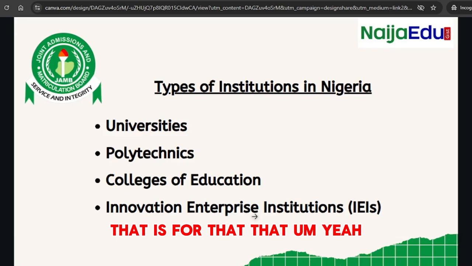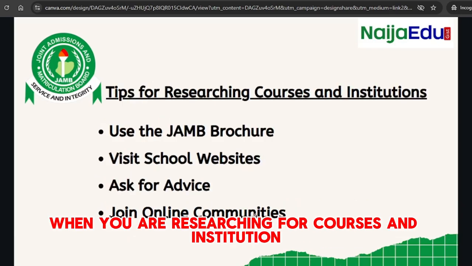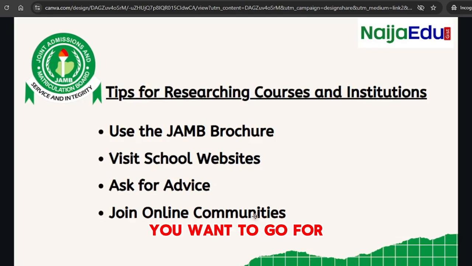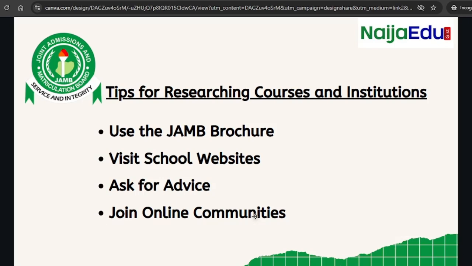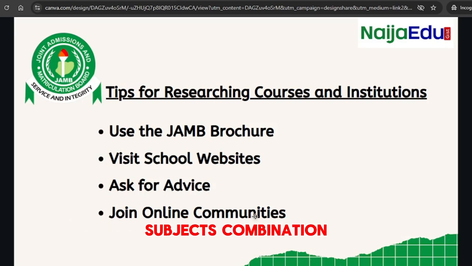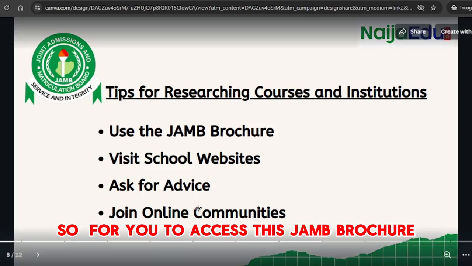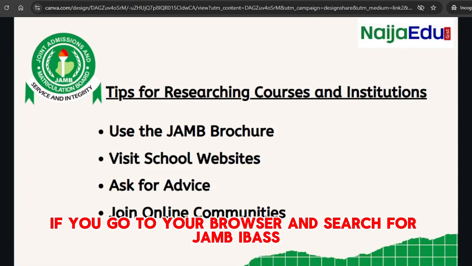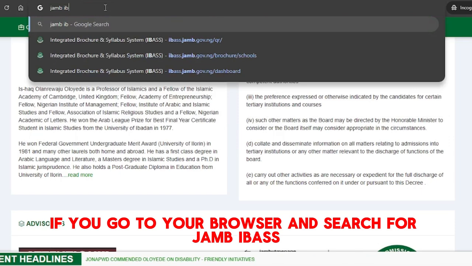Then here is a quick tip for you when you are researching for courses and institutions you want to go for. Number one is you have to visit the JAMB brochure. This is your official guide to courses, subject combinations, and the list of all schools like I mentioned earlier on. To access this JAMB brochure, go to your browser and search for JAMB IBAS.